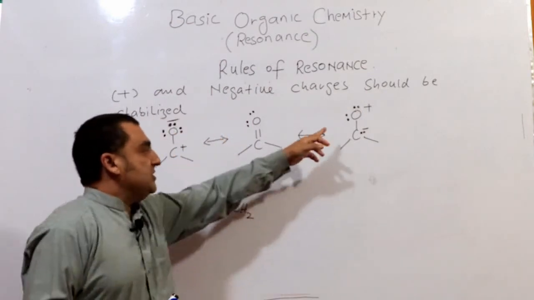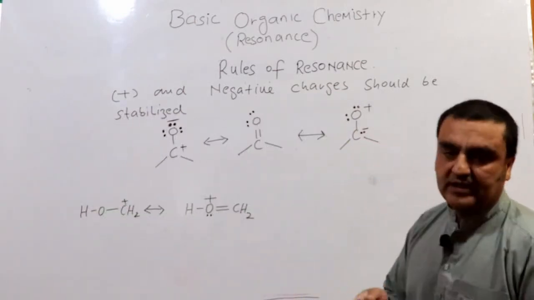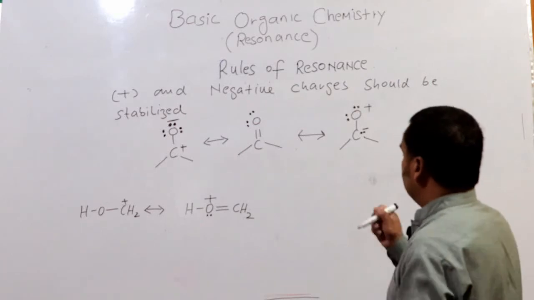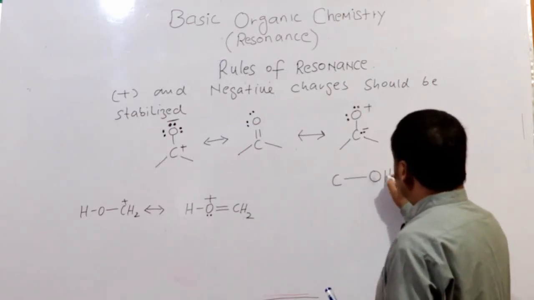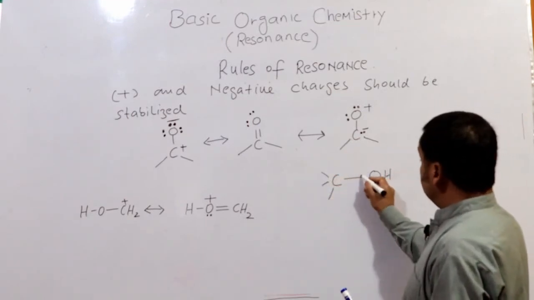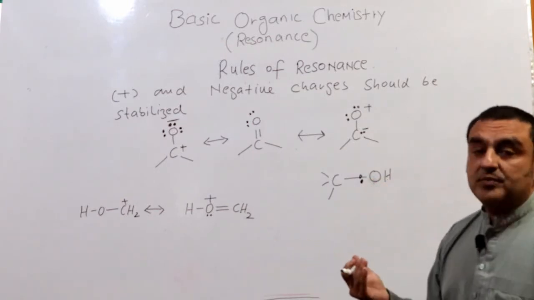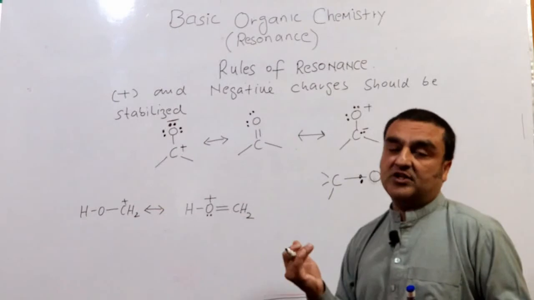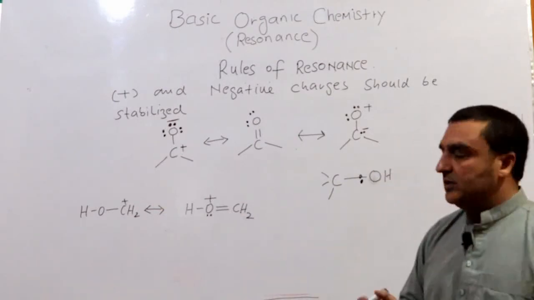As we discussed in the previous lecture, suppose you have a bond between carbon and oxygen. This oxygen, what does it do? This oxygen wants the bond pairs to be near it, because it likes electrons. It attracts electrons just because of its extreme nuclear pull.